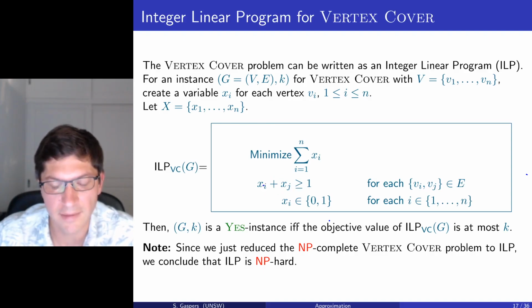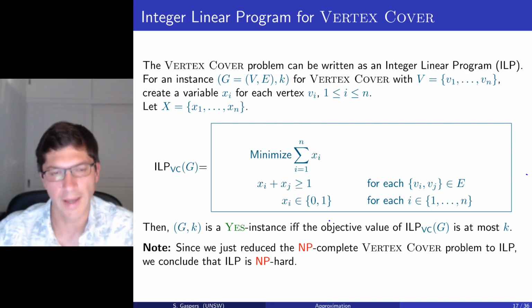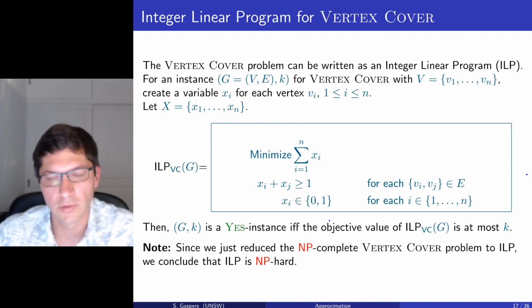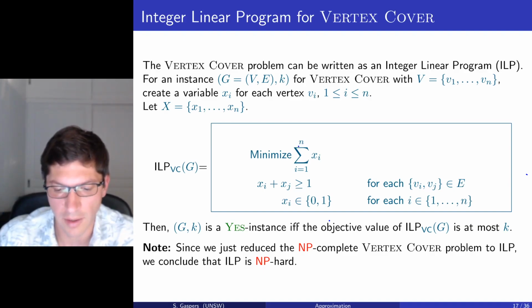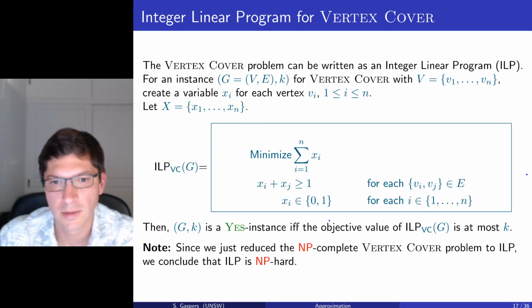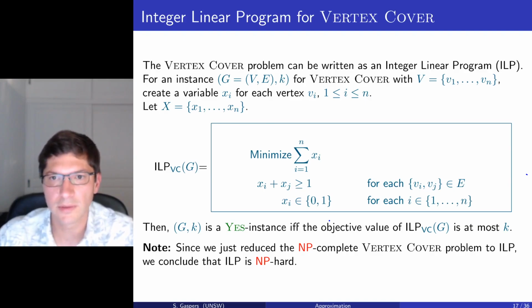So we have that xi plus xj must be at least 1 for each edge vi, vj in the graph. And since we want to compute a small vertex cover, we want to minimize the sum of the xi's. So we want to minimize the number of xi's that are set to 1. And so this is now our integer linear program. Solving this one is equivalent to solving vertex cover for the graph G.